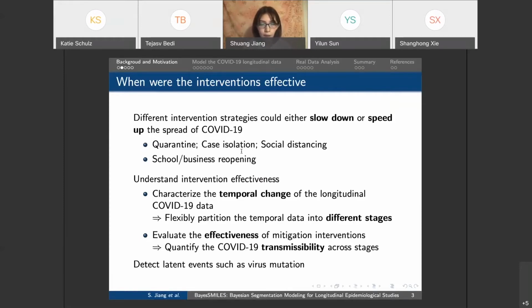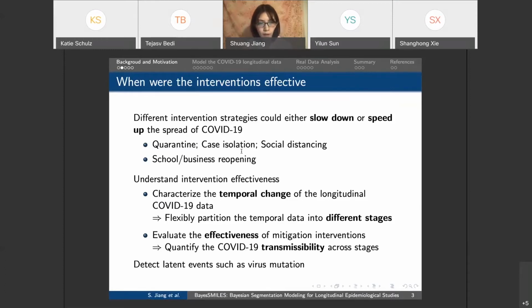If the times match, we can further evaluate the effectiveness of interventions by quantifying the transmissibility in a certain stage. On the other hand, the transition across stages could also be due to events such as virus mutation. But for such events, it is usually hard to determine the exact time when it first appeared.